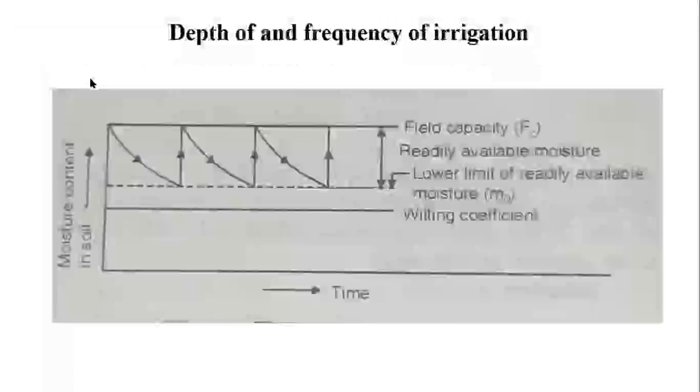Okay, now with respect to the depth of irrigation and frequency of irrigation, by considering the optimum moisture content, we will now see the amount or depth of readily available moisture to the crops.